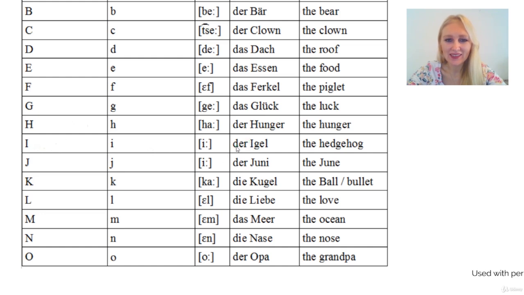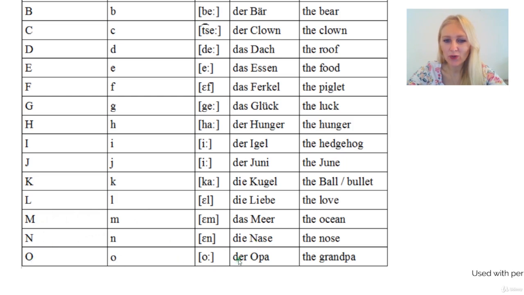Der Igel. J, okay, this is called J, der Juni. K, die Kugel. L, die Liebe, die Liebe. M, das Meer, das Meer. N, die Nase.